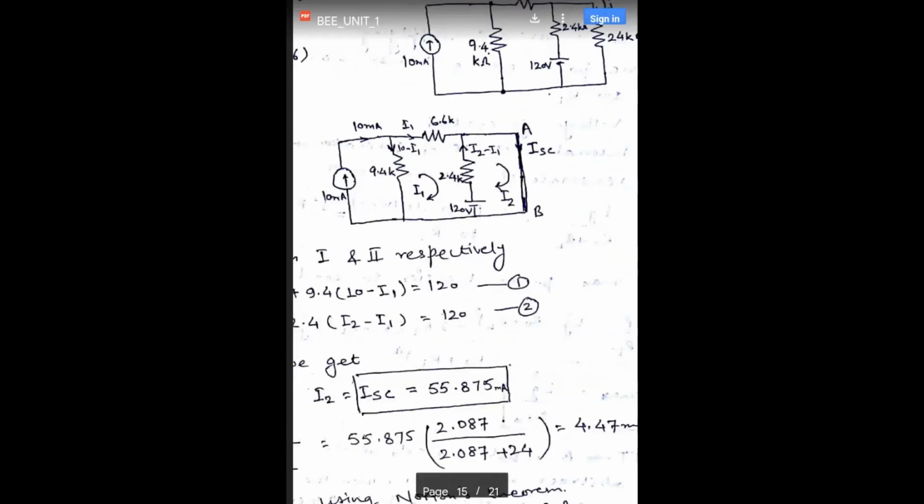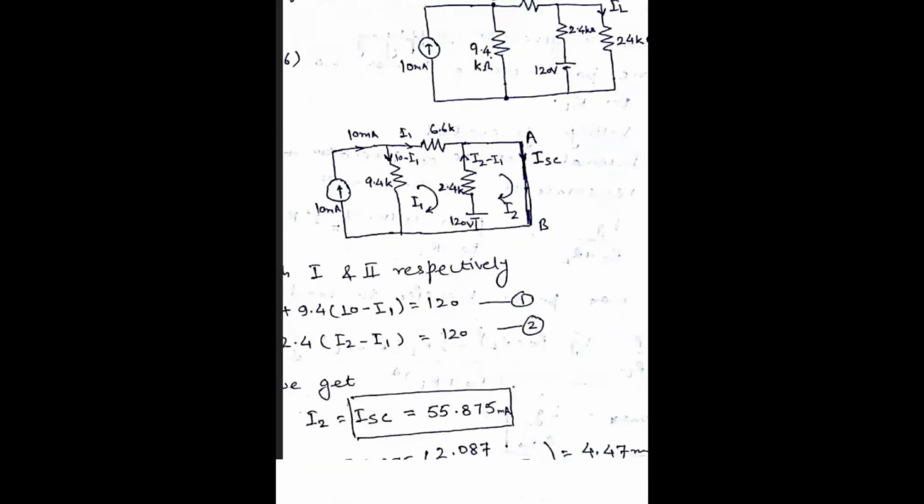We activate the current source again, we activate the voltage source again, but the load resistance is short. The load resistance is removed and it is made short circuit.